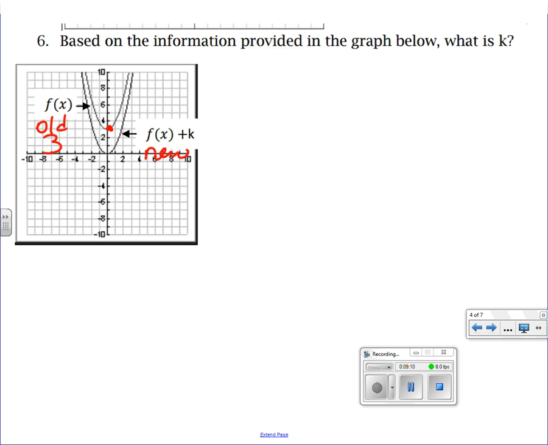Chad, what about the new one? 0. All right, Jacob King, how do you go from 3 to 0? How many's in between them? 3. And guys, from 3 to 0, do you go down 3 or up 3? Look, you're going from 3 to 0. Do you count down or count up? You're going to count down. So it's -3.